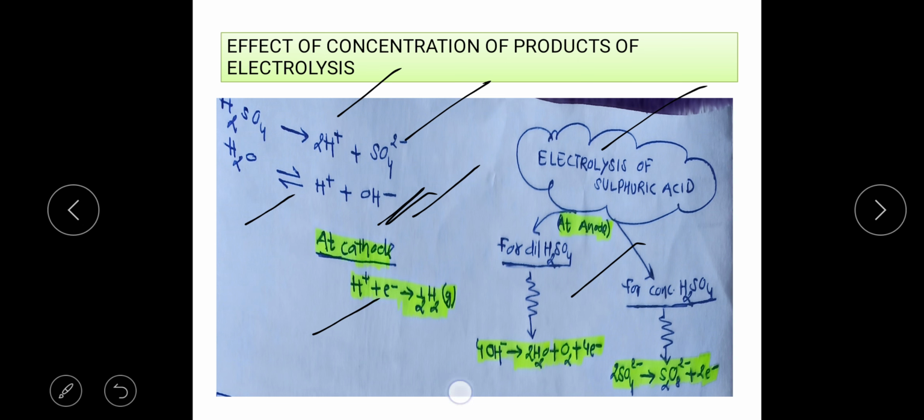So as a result, OH negative gets oxidized to produce oxygen. Whereas when we take concentrated sulfuric acid, SO4 2 negative ions are more as compared to OH negative. So they get oxidized to produce H2S2O8, peroxodisulfuric acid. So in fact, the product of electrolysis of concentrated sulfuric acid is peroxodisulfuric acid.